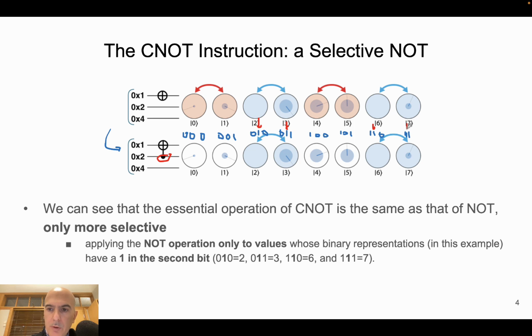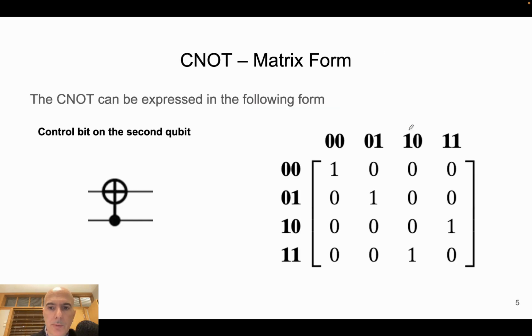This controlled NOT operation only acts on those states. So it is very similar to the NOT, but the way to think about the CNOT is as a NOT operation that is very selective, depending on the value of the control qubit.